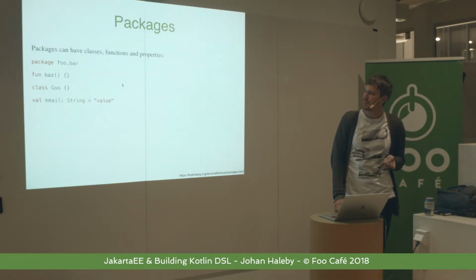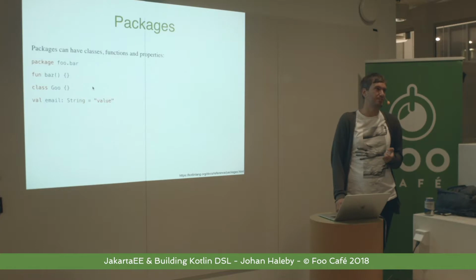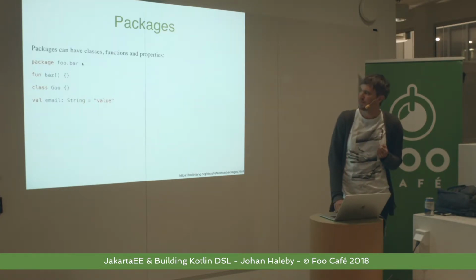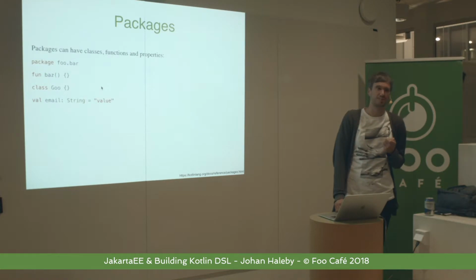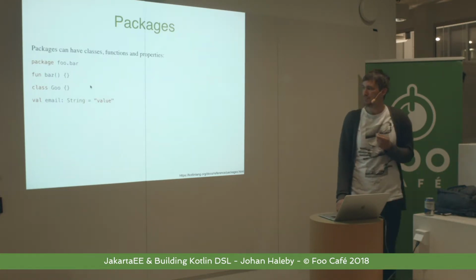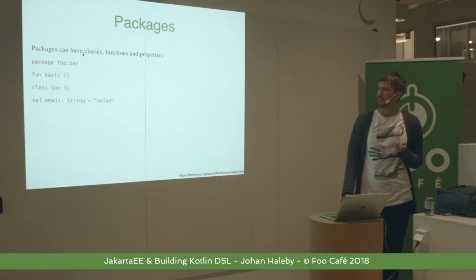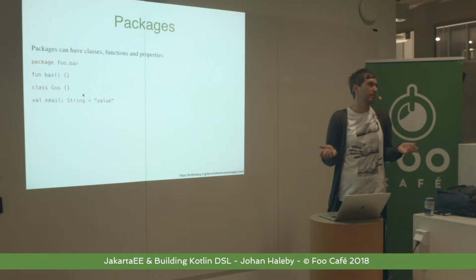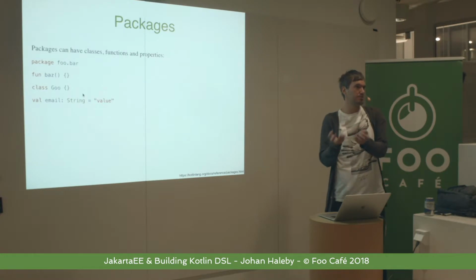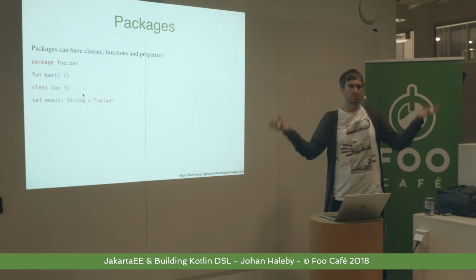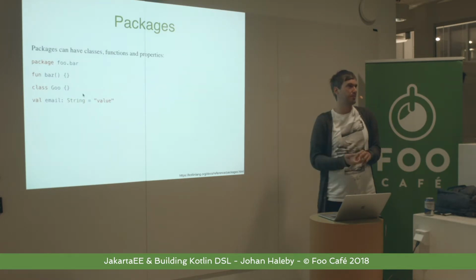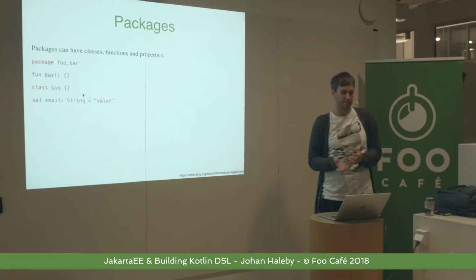I've included this in the intro because I think this is really cool. It may not be something that everyone would include in the intro, but I think this is a really good strength, that you don't have to declare classes for everything. Like in Java, if you have a utility function, you often create some utility class, and you put the function in this class.